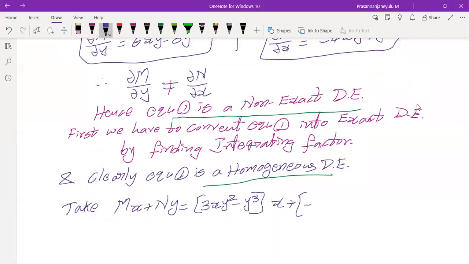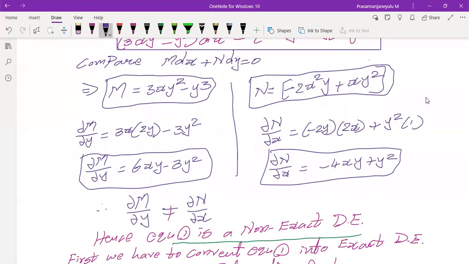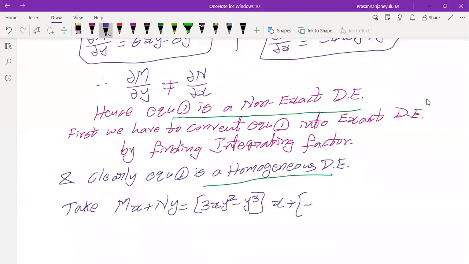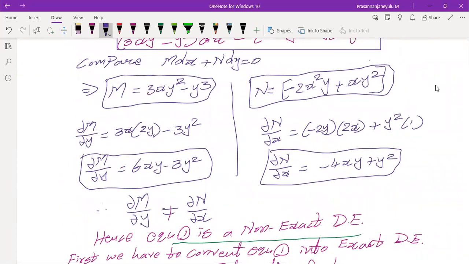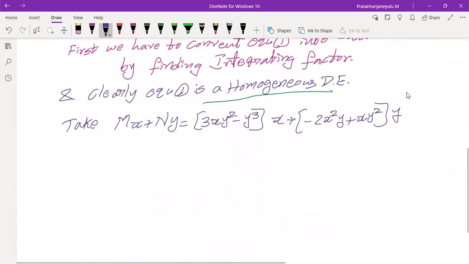What is the N value? Minus 2x square y plus xy square, into y. Let me check whether M and N are the same. Yes. So now we have to go for simplification.